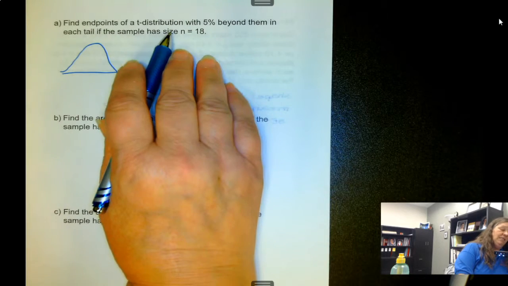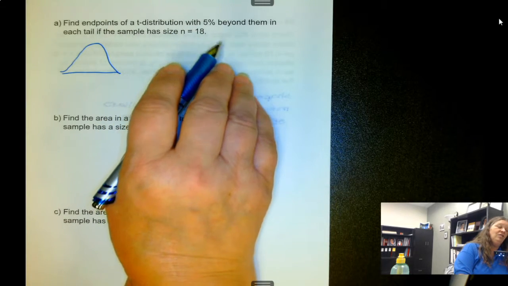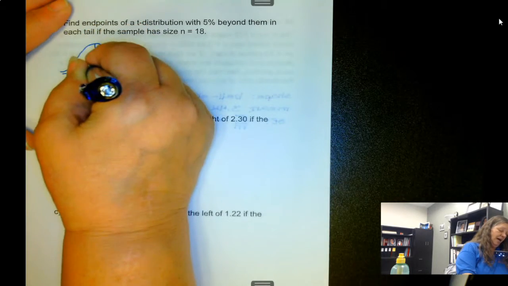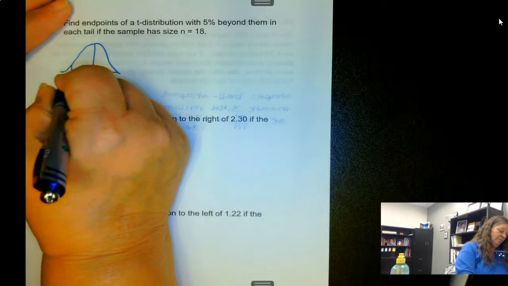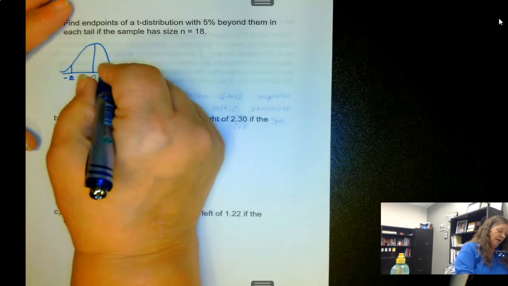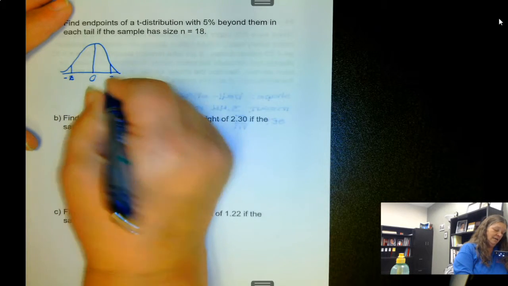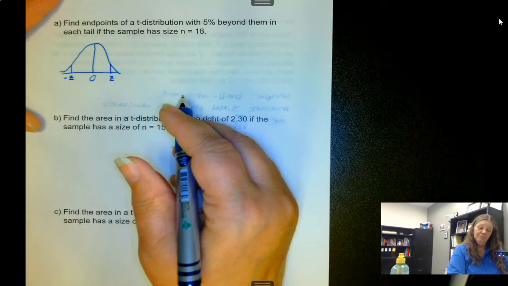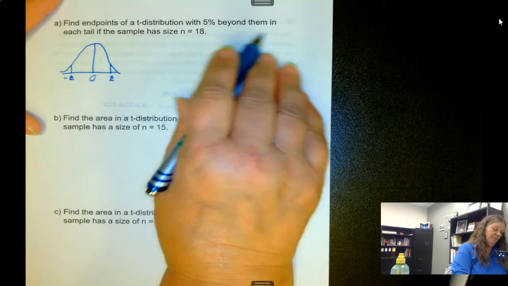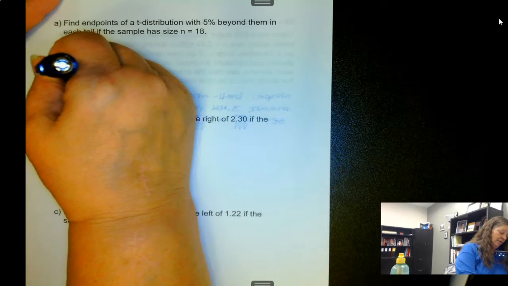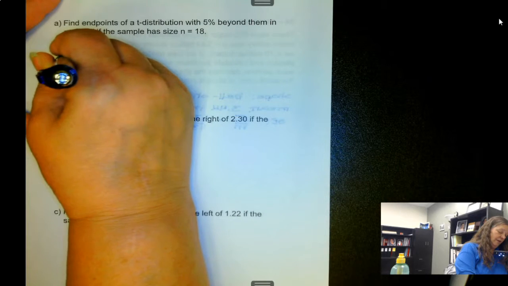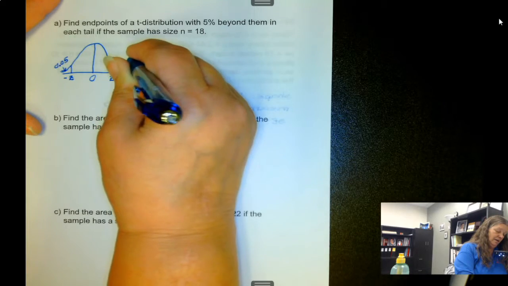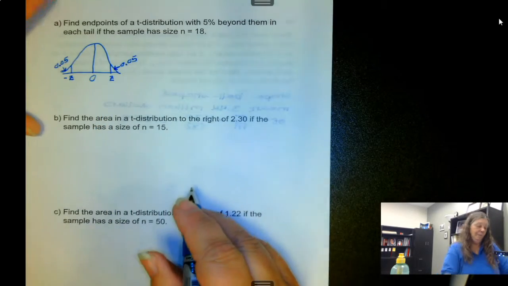Well, the thing with the t-distribution is the values change based on the sample size. So we still have our mean in the middle. We have a minus z and a plus z. There's 5% beyond them in each tail. So there's 5% in this tail and 5% in this tail.